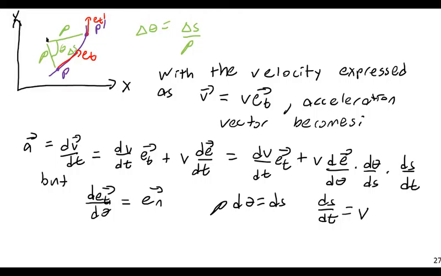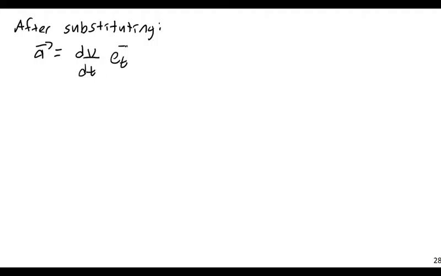Okay, so substituting then, after substituting, we get that A is equal to, and this is actually getting semi-useful, dv dt times et plus v squared over rho, magnitude, times En.